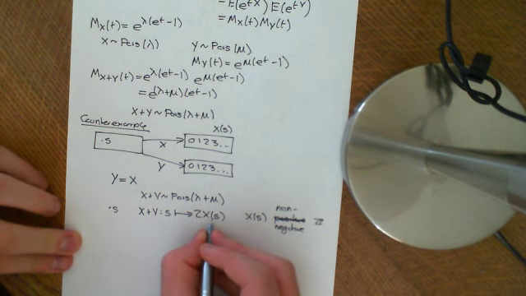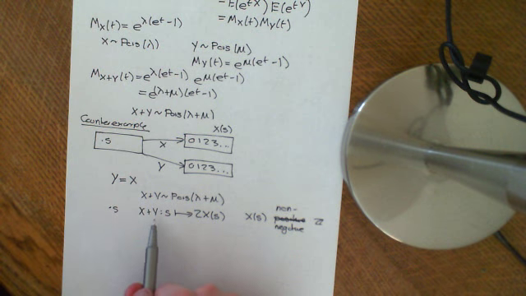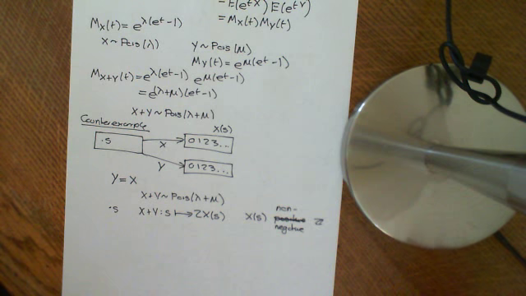That means that this is going to be an even integer, which means that the only values that x plus y can take on are the even non-negative integers. That is not the Poisson distribution. The Poisson distribution takes on all values of non-negative integers, 0, 1, 2, 3.